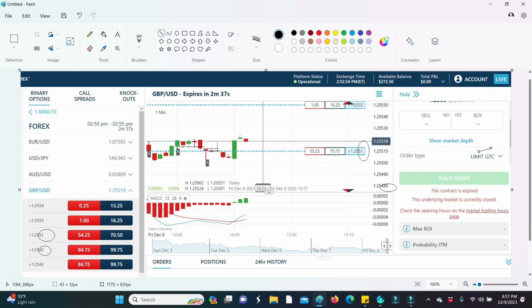If you just want to put whatever it is here, you would have left it not at limit, it would have been on market. And you just would have clicked on this over here, it would have turned to a blue 70, and all you would have to do was place the order. They would have had a drop down on how many orders you would have placed. You could pick 1, 2, 3, or however many, and then you would have been able to get in, and your order would have been placed there.